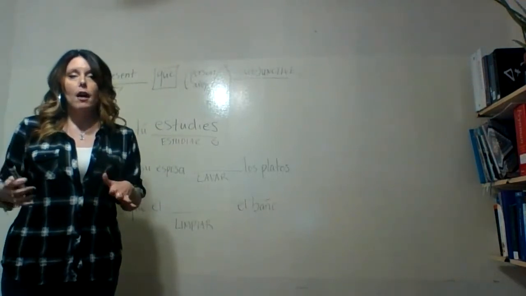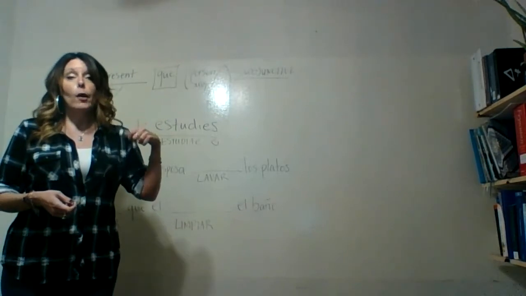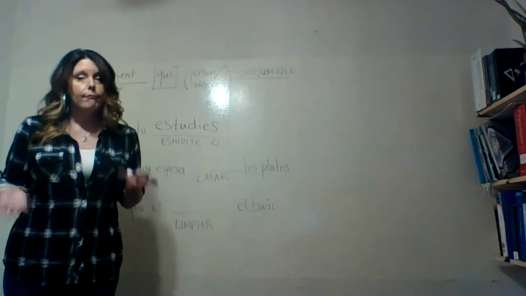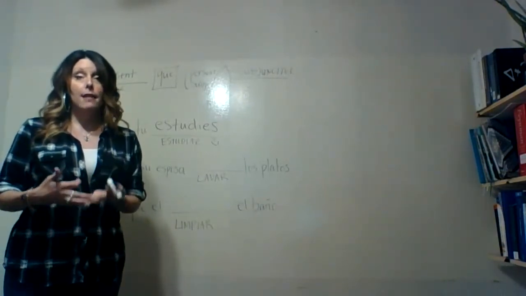So just remember that a lot of the time some of the triggers that happen in the front half of the sentence require us to use the subjunctive in the second half of the sentence, just because, and that if we try to do it any other way, it means nothing.